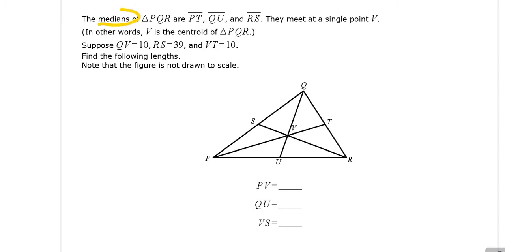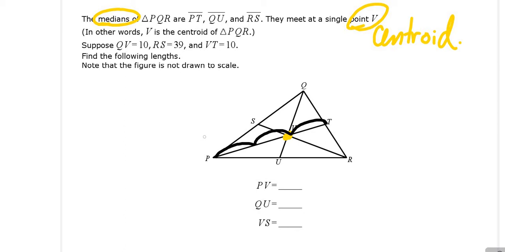We have 3 medians here, which means this is a centroid. The most important relationship here is the fact that it is a 1 bunny hop and 2 bunny hop relationship.